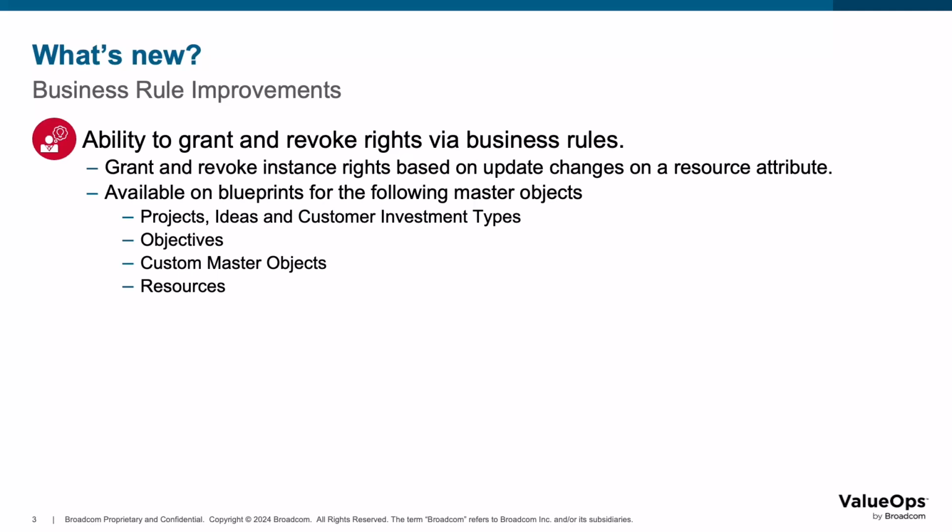Say, for example, you have a resource attribute, and it could be single value or multi-value. We'll be able to grant instance rights based on updates to that resource attribute.